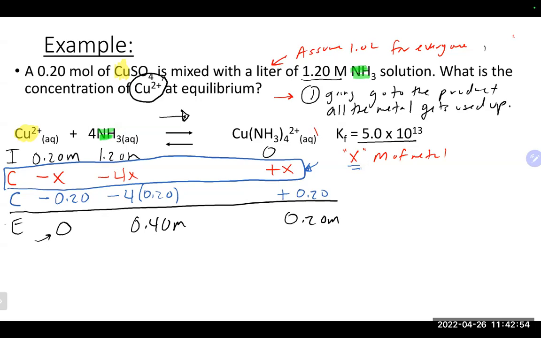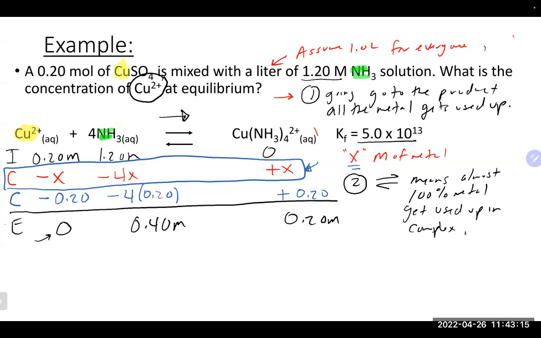The second part of it, though, is it is still a reversible reaction, which means even though almost 100% of the metal gets used up in that complex ion, some of it will come back the other way.